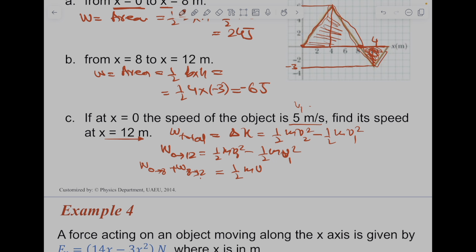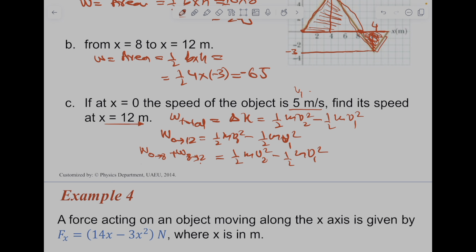So 24 minus 6 equals 1/2 mv2 squared minus 1/2 mv1 squared, which is 18 plus 1/2 mv1 squared equals 1/2 mv2 squared.